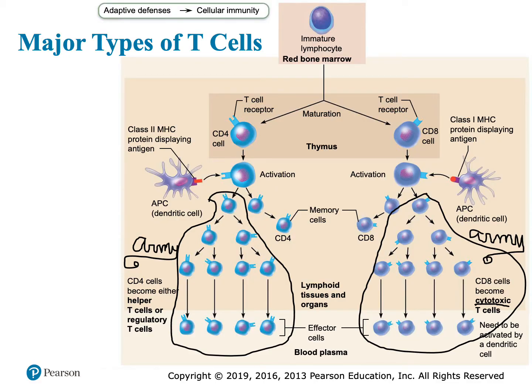Okay, so this is showing kind of a summary of the whole thing of the acquired immune system, adaptive immune system. So the red bone marrow makes the formed elements in the blood, including lymphocytes. B cells mature in the bone marrow, but T cells mature in the thymus.